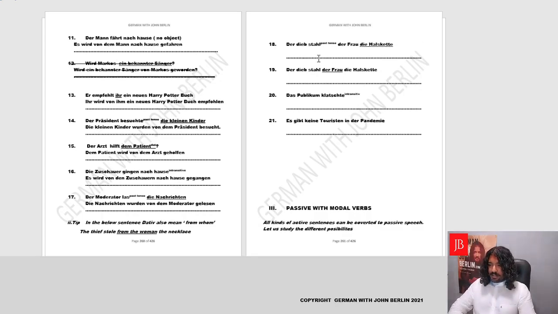So it will basically be, if you're changing it for Halskette, it will be easy. Yes. What is being stolen? It's the Halskette. It will change into nominative. We'll write the Halskette. Then the helping verb for passive, it will be werden. It's third person singular, wird. Die Halskette wird. From whom? From the thief. Von, and thief is masculine, so dem Dieb, dem, der, dem. Von dem Dieb, yes.